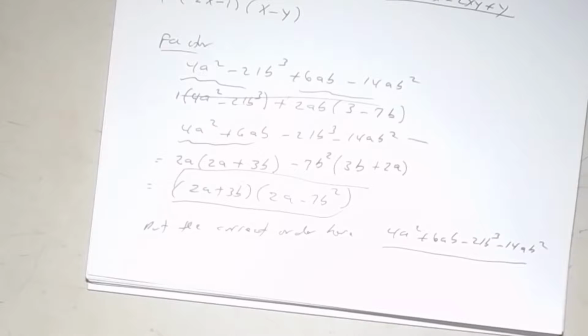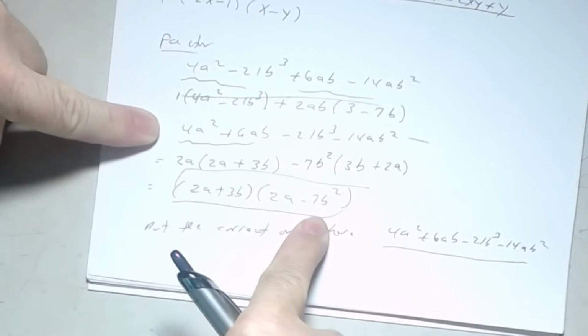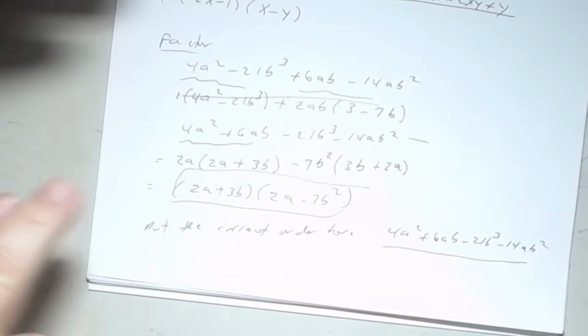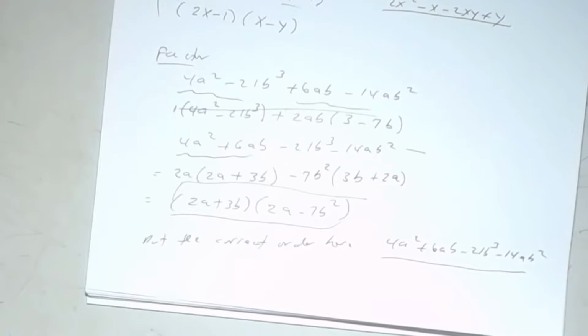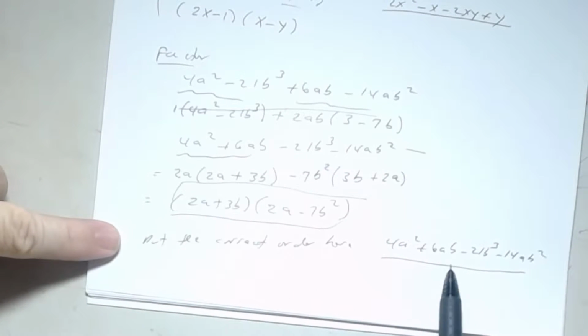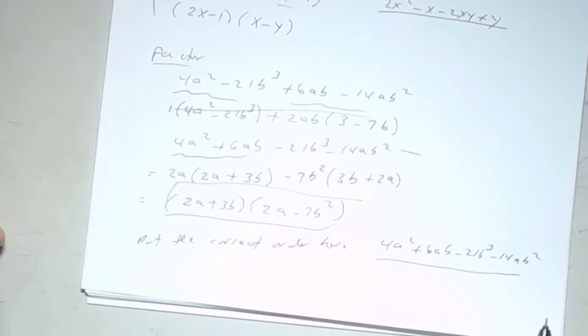That's the one we rearranged, the order we ended up using to get this factored. It's just another way for him to make you show your work. We grouped the first two and the last two, and that's what we got.